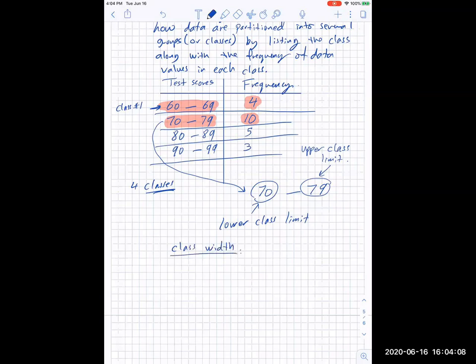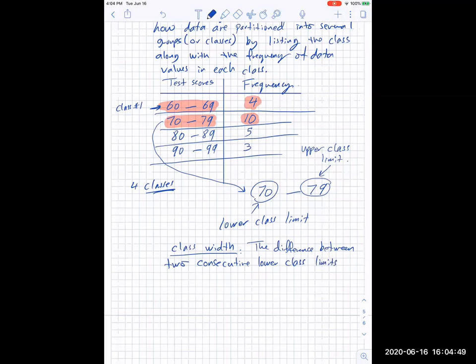The class width is the difference between two consecutive classes, the difference between two consecutive lower class limits.